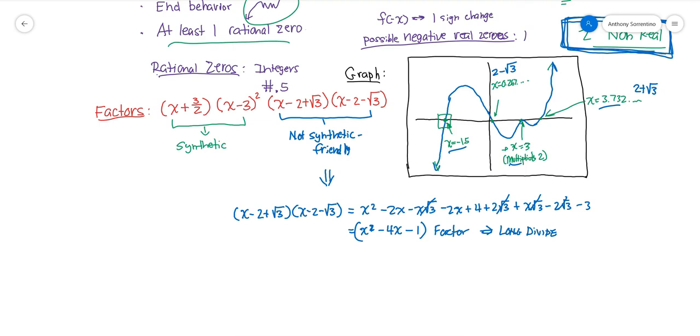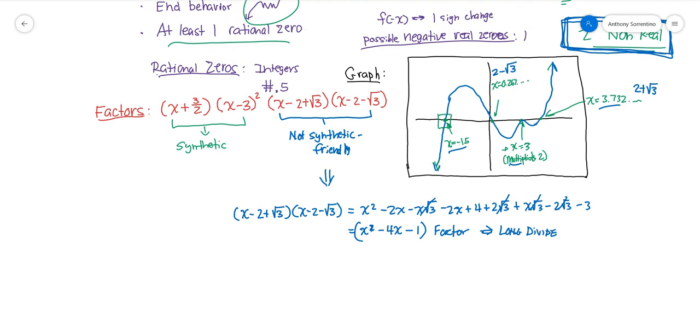However, I could save myself a little work if I do the synthetic first, because again, with long division, the bigger the difference between the degrees of the two things I'm dividing, the more steps it takes. If I started by taking my original polynomial, which is a 7th degree polynomial, and dividing by this square polynomial factor, it's going to take a number of steps to do it.